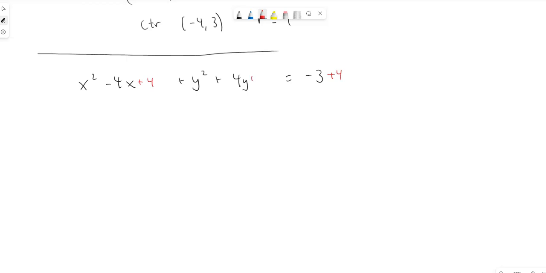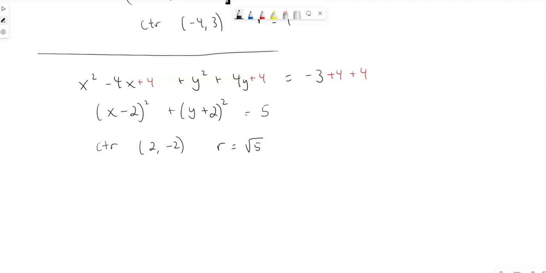Half of 4 is 2. Squared, and I get 4. So, factor: x minus 2 squared. Here I get y plus 2 squared. Over here, 4 minus 3 is 1, plus 4 is 5. So I get a center of 2, negative 2, and a radius of the square root of 5.